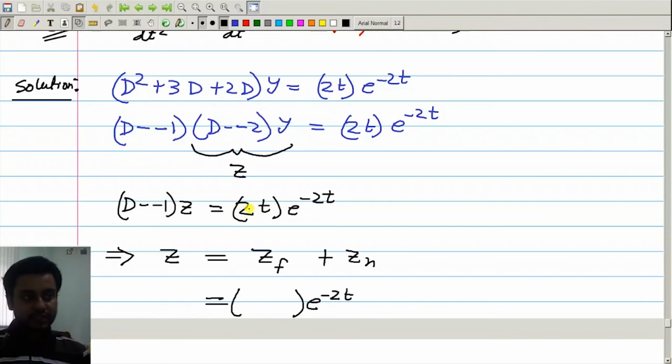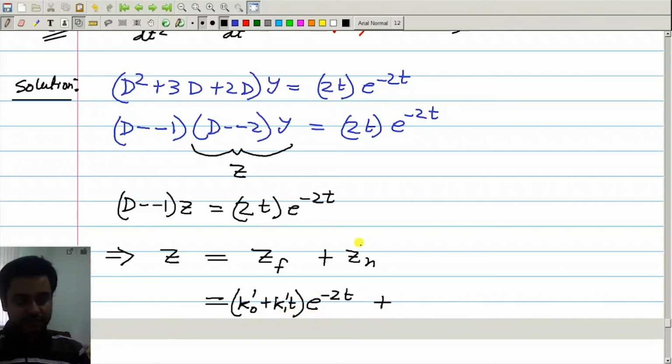This is of degree 1, so here we will have k0 prime plus k1 prime t, a first order polynomial.